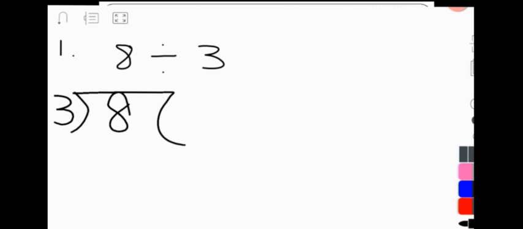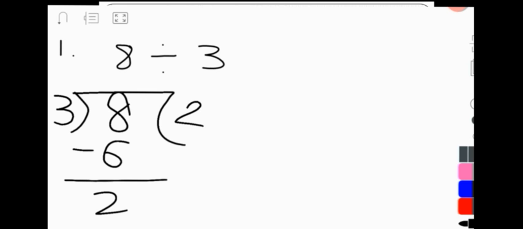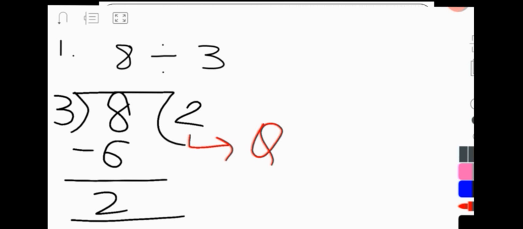So 3 2s are 6. 2 I will write here as the quotient and 6 I will write down here. Now the next step is to subtract. 8 minus 6 is 2. So as we can see, our quotient is 2 and the remainder also is 2.